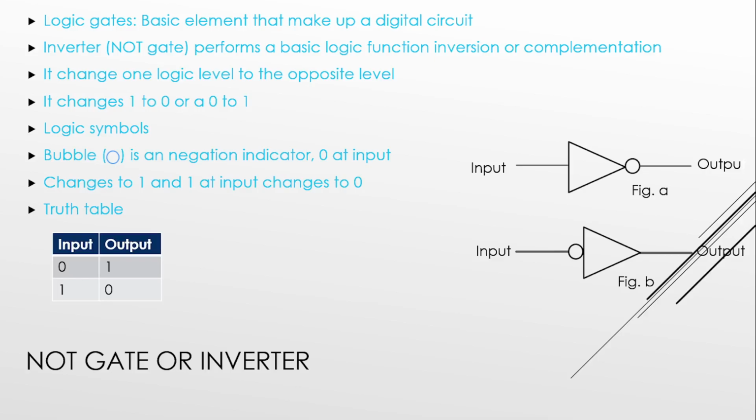That means if logic binary 1 or logic high is given to its input, the output will be binary 0 or simply logic low, and vice versa. That means if input logic 0, logic low is given to its input, logic high will be at the output, that is simply binary 1.